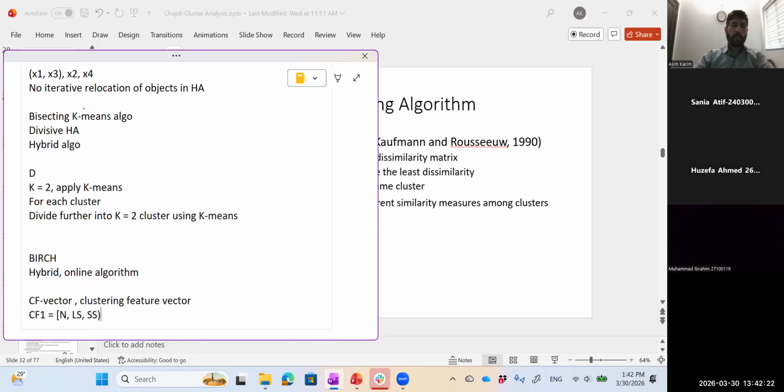We don't need all the points. ठीक है? So something like a synopsis या sketch. I don't know if you guys have studied stream algorithms or not, online या stream algorithms. तो ये उसका एक representation है which you can then update as new data objects come in.